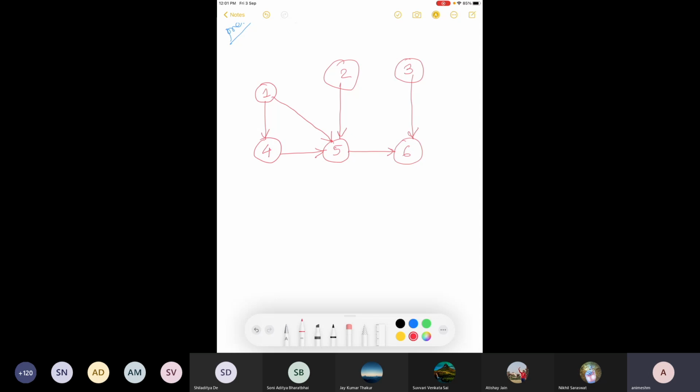Any speciality of this graph that you can note? It's a DAG. It's a DAG. Very good. So for others, it's a directed graph. It's also an acyclic graph. So together, it's a DAG.